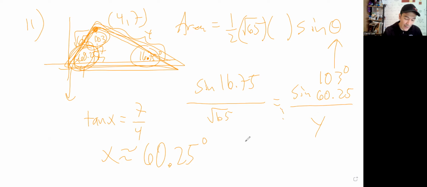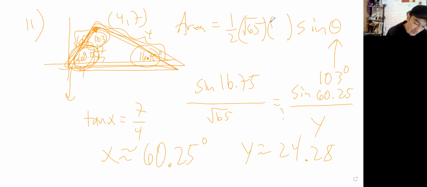Do the cross product: square root 65 times the sine of 60.25, hit enter, and then divide by the sine of 16.75. So y is about 24.28 units.